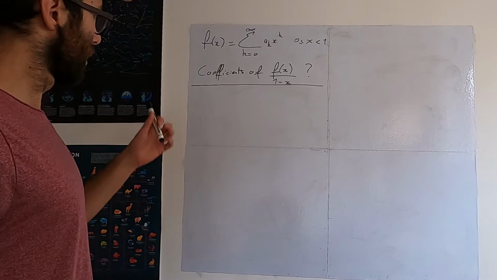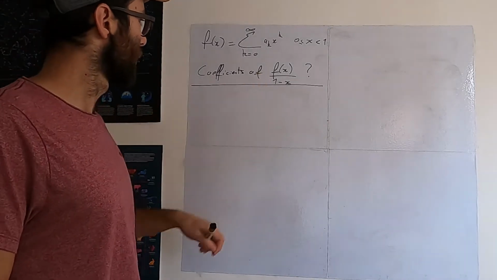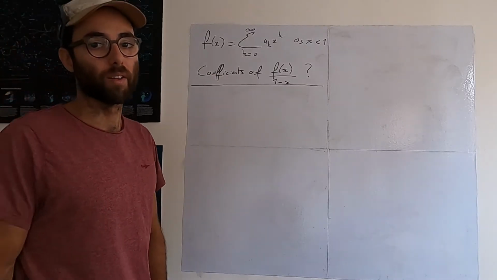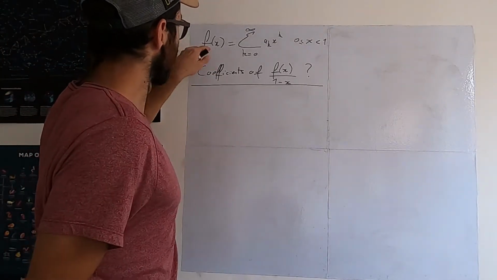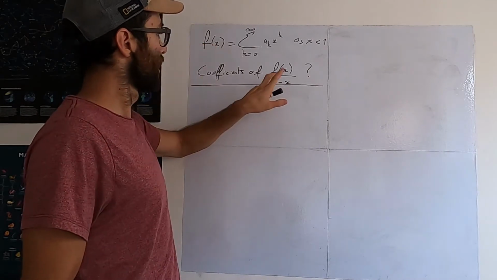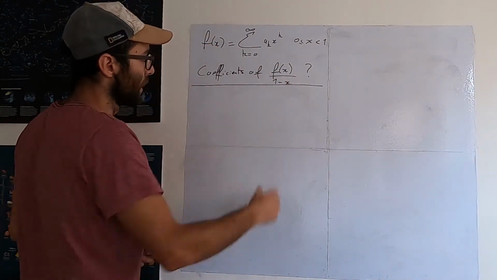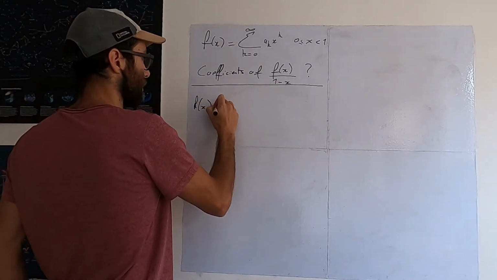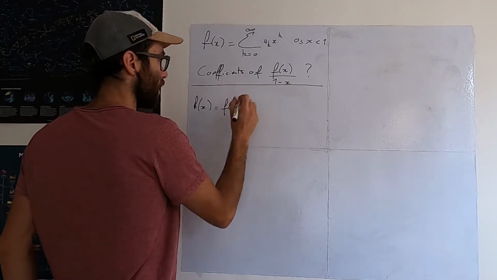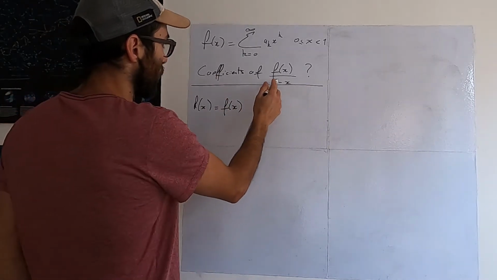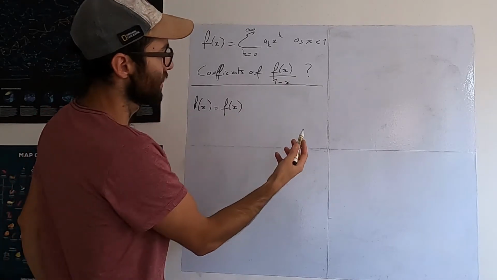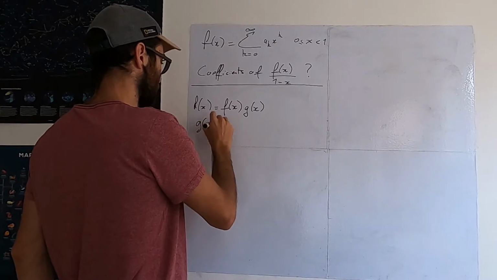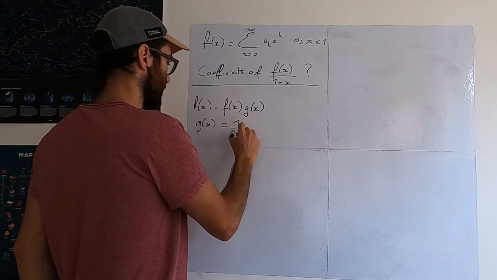So the way we're going to tackle this, since we want to find coefficients of this, first thing that comes to mind is, well, we can see coefficients for f(x). Can we find coefficients for the other part of this? So if we call h(x) equal to f(x) over 1 minus x, we can say that this is f(x) times g(x), where g(x) is 1 over 1 minus x.